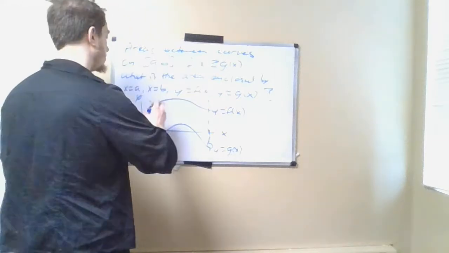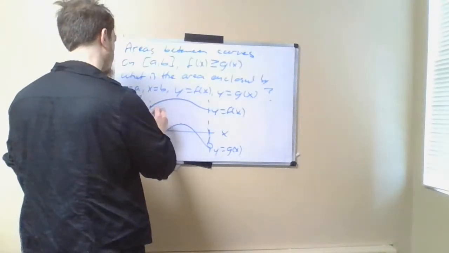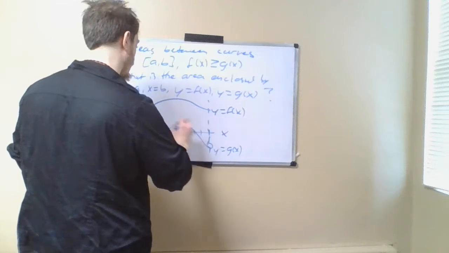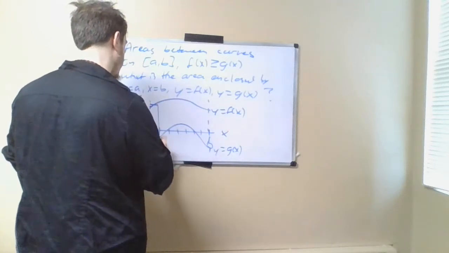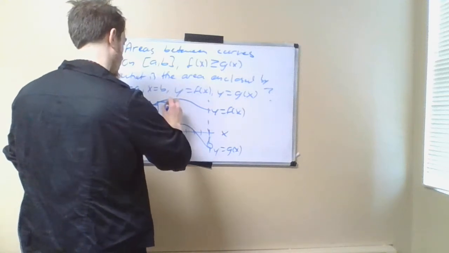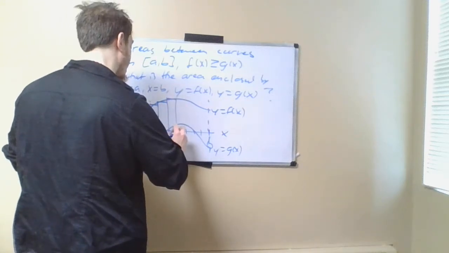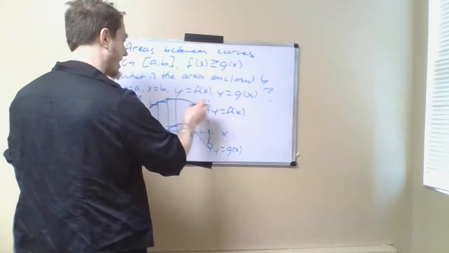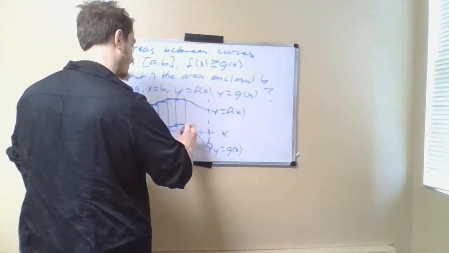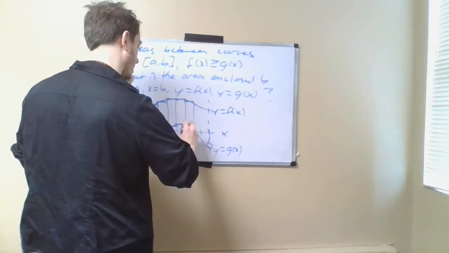But I can still break up this interval into several pieces, and then on each piece we'll draw a rectangle. The top of the rectangle is going to be determined by f of x, and the bottom of the rectangle will be determined by g of x in some way.